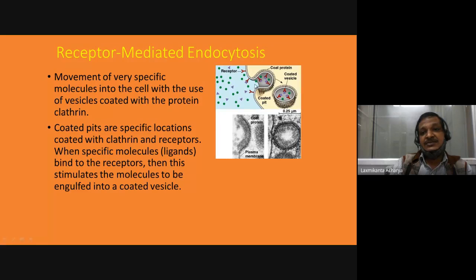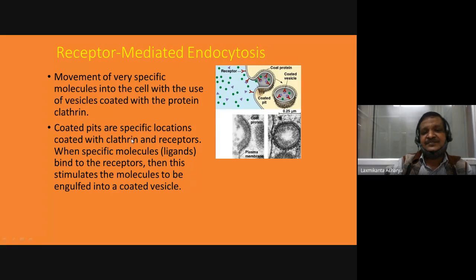See, these ligand molecules are moving inside these coated pits, and after some time the invagination of the pit increases, and finally this coated pit is pinched off from the plasma membrane and forms a vesicle, which is associated with clathrin proteins.